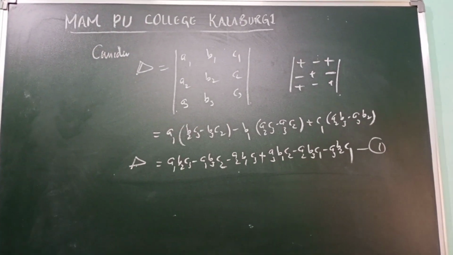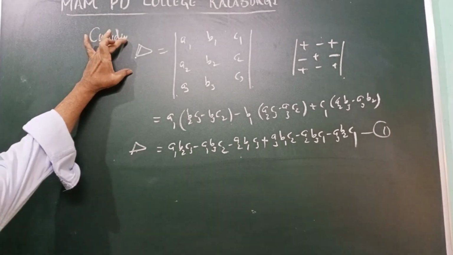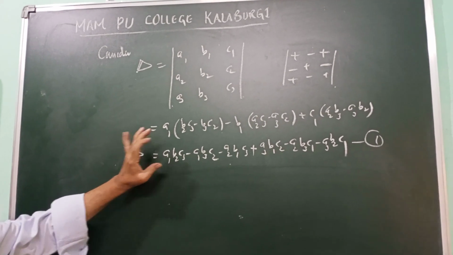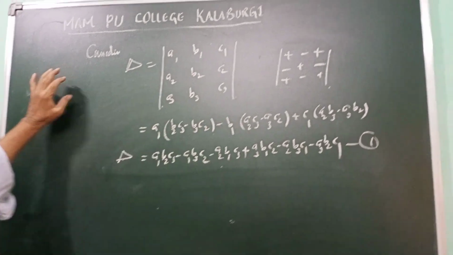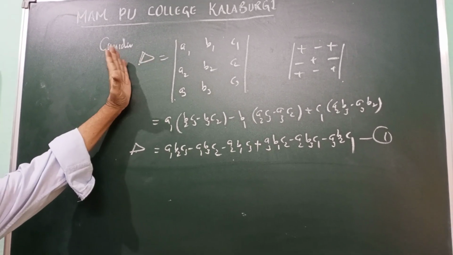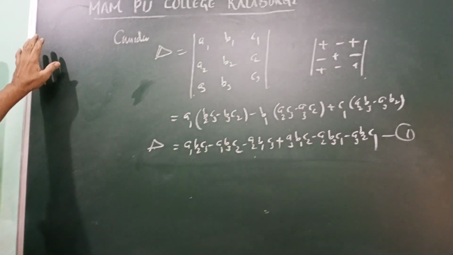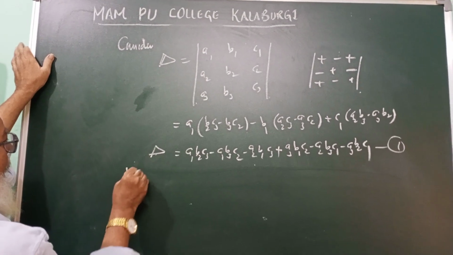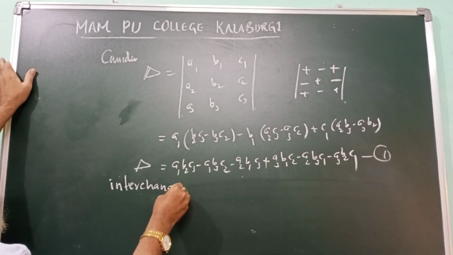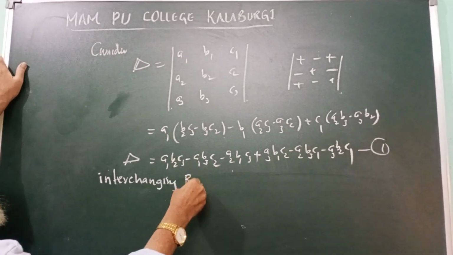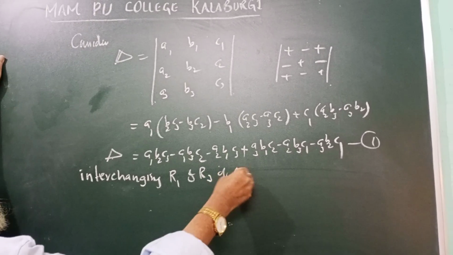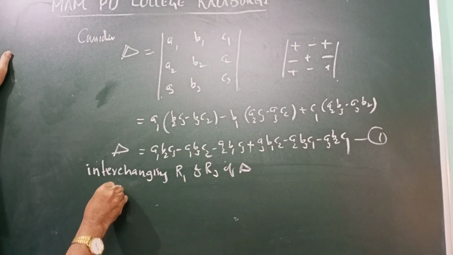You know, we have considered here a third order determinant, and this is the expansion of the third order determinant given by equation 1. Now what we do is we interchange any two rows or any two columns. Suppose we interchange R1, first row, and third row of delta. Let us denote it by delta dash.